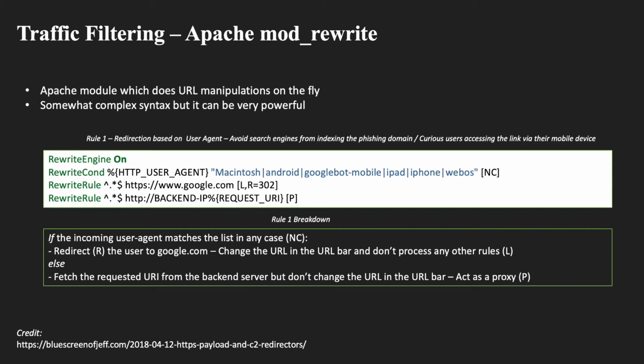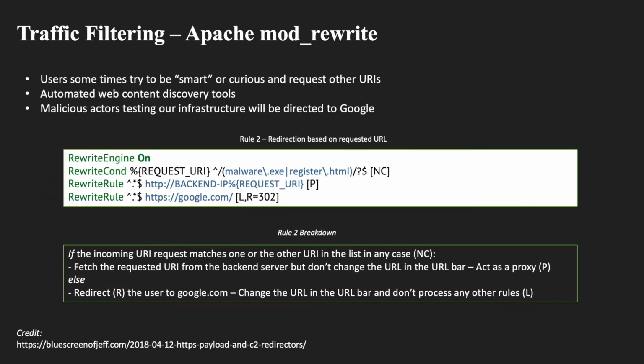And then again, you have search engines which index the domains, and we definitely don't want our phishing pages to be indexed. So if the user agent is one of these, the user goes to google.com, and the URL on the bar changes to google.com. If not, the information is going to be fetched from our backend IP, but the URL on the URL bar will not change. So our backend IP again will not be exposed.